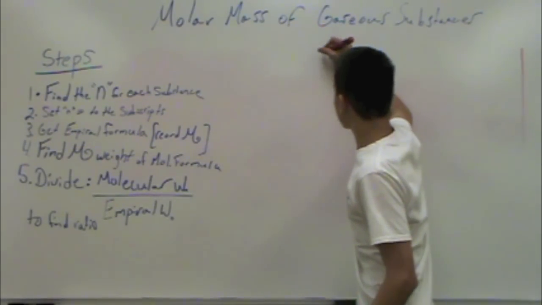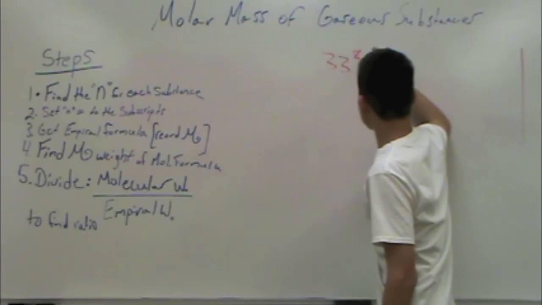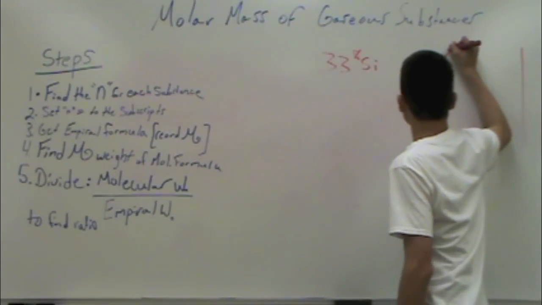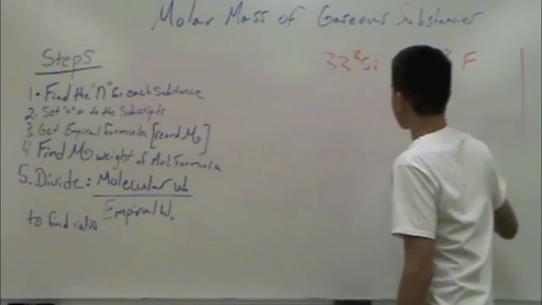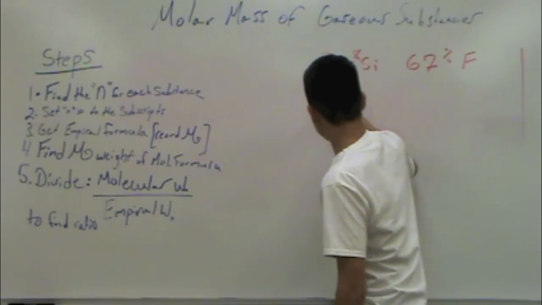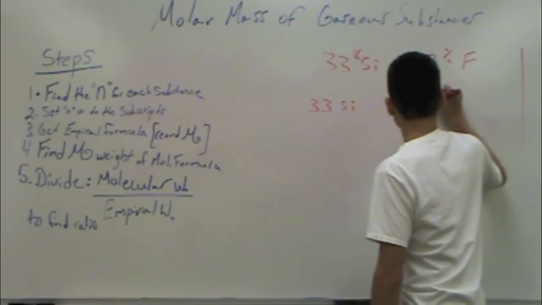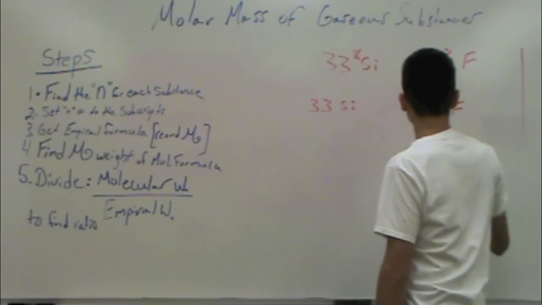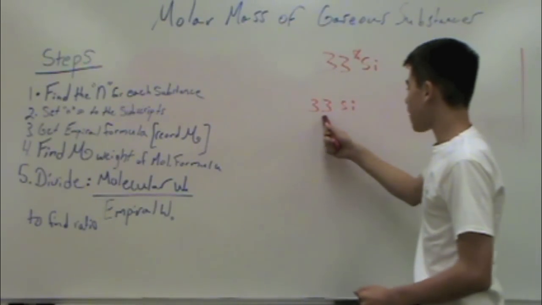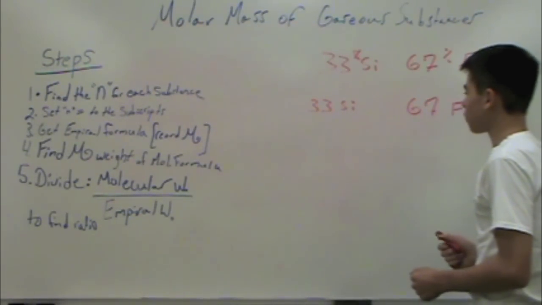If 33% of our substance is silicon and 67% is fluorine, then if we have 100 grams of this compound, 33 grams of it should be composed of silicon, and 67 grams of it should be composed of fluorine. Now our first step is to find the number of moles. So we're going to find the number of moles in 33 grams of silicon, and the number of moles in 67 grams of fluorine.